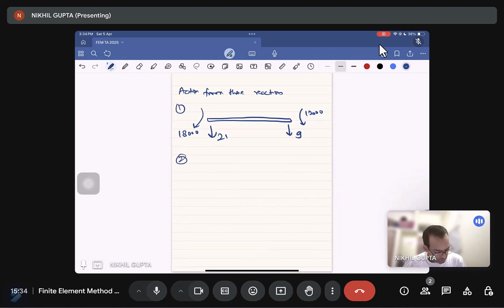For element number 2 it will be, so it will be 18,000 in this direction, similarly 12,000 in this direction, this will be 21 and this will be 9.